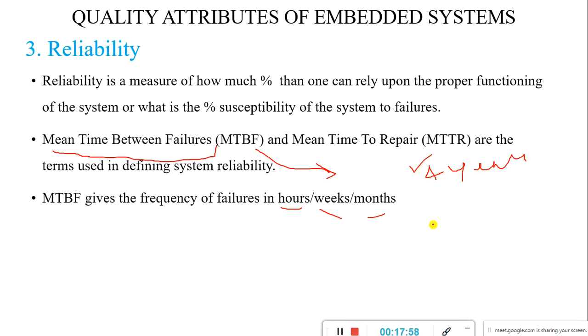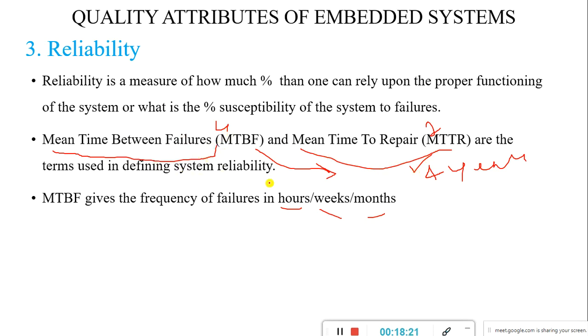After 4 years small errors may occur and it may go for repair here and there. So the MTBF for the washing machine is 4 years. Now if it takes 2 weeks to get repaired, then I call it the mean time to repair.